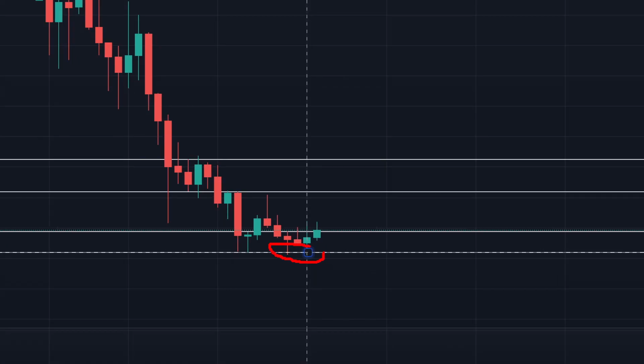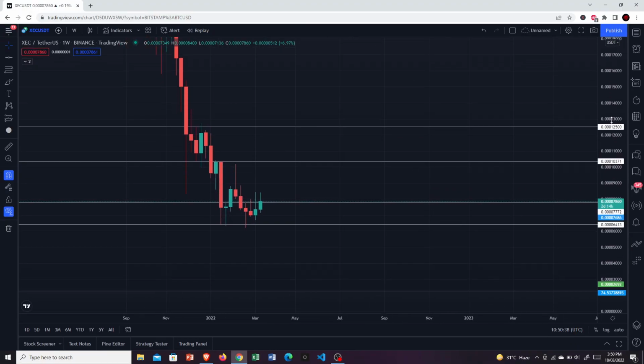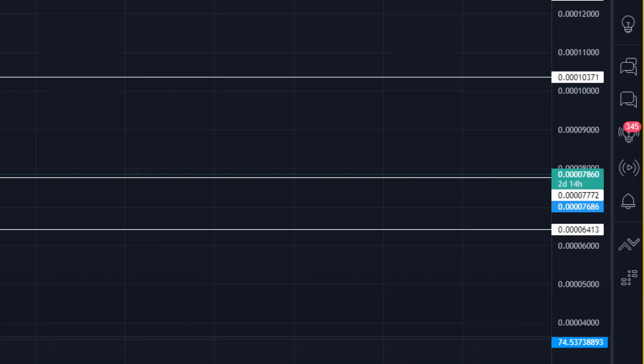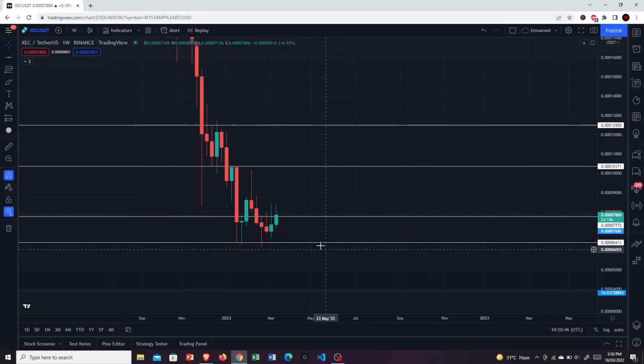As you guys can see over here, we are holding above this support, so this is a strong support level, 0.06413.